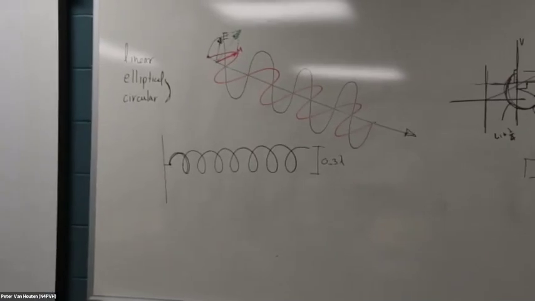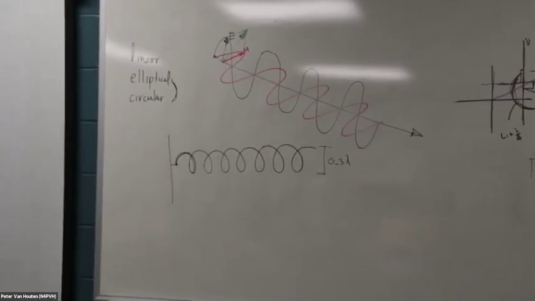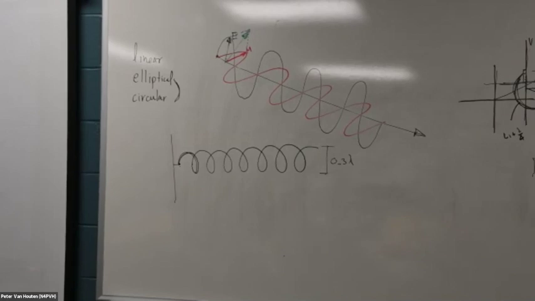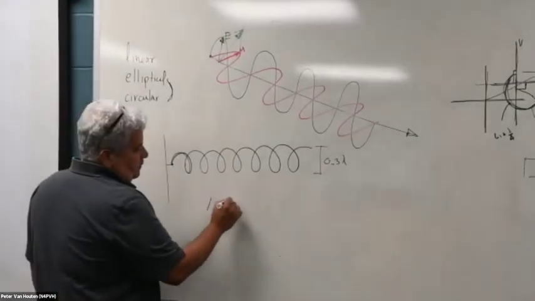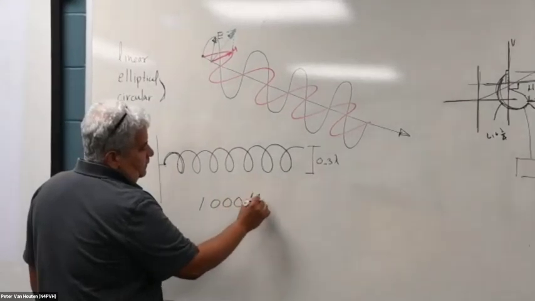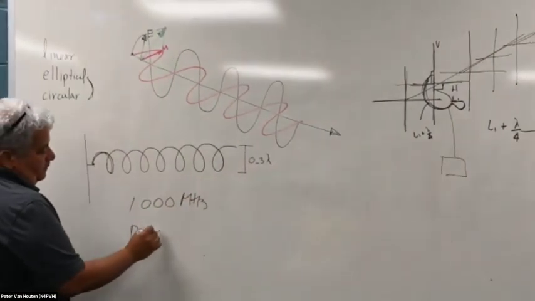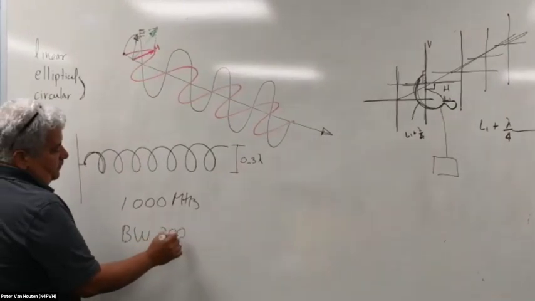The antenna has about a 30% beam width. That's a lot. If I design one of these antennas for, let's say, 1,000 megahertz, it's going to have a beam width of 300 megahertz.